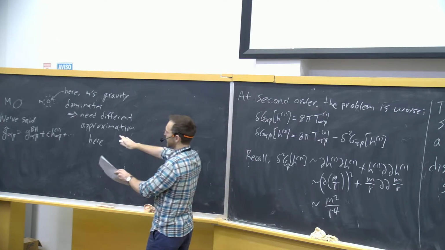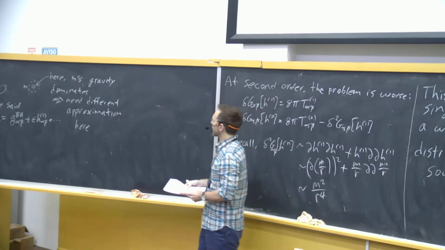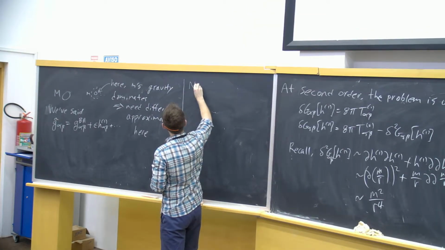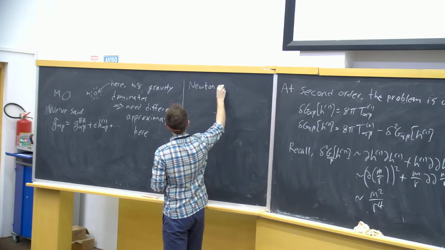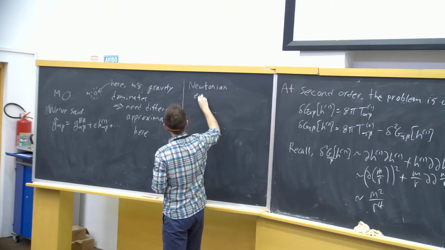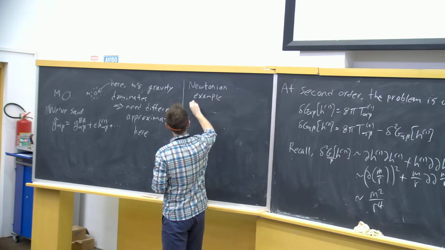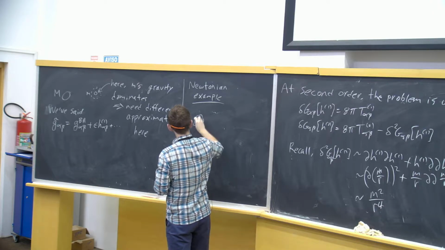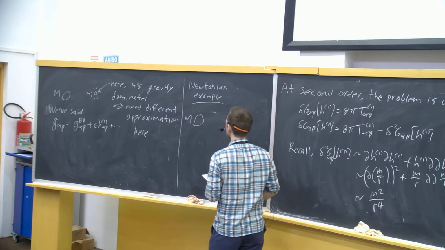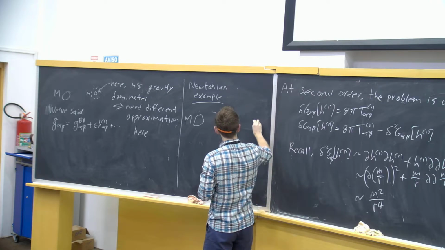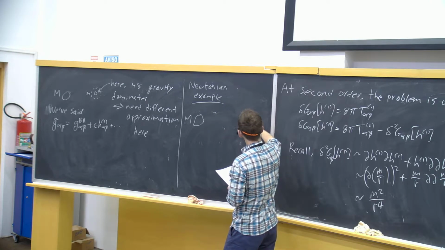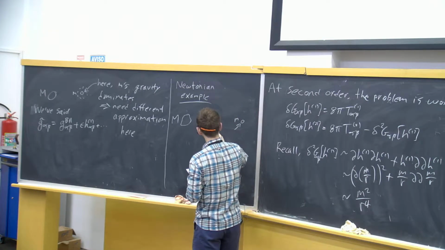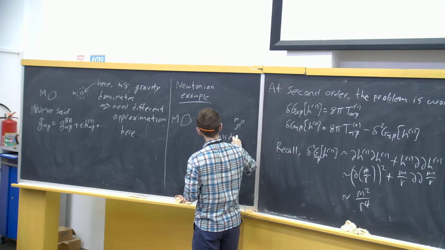Now, before going into how we're doing it in GR, let me just look at a Newtonian example. Let's say I have some large mass there. I have some small mass here, but the small mass has a mass distribution, rho.